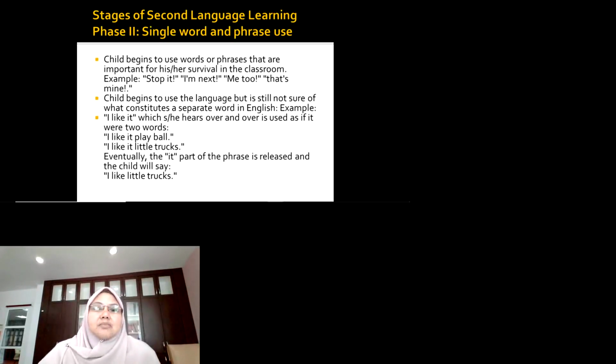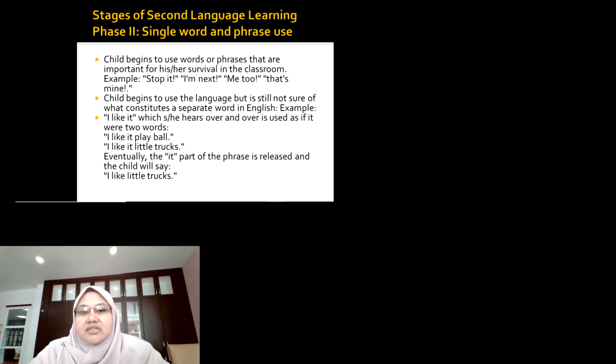Some of the phrases that can be used in survival situations in the classroom are like "stop it." This is for situations where other children are fighting with them, and they need to know how to defend themselves. A phrase like "stop it" shows that this child doesn't like to be disturbed by the other friends.